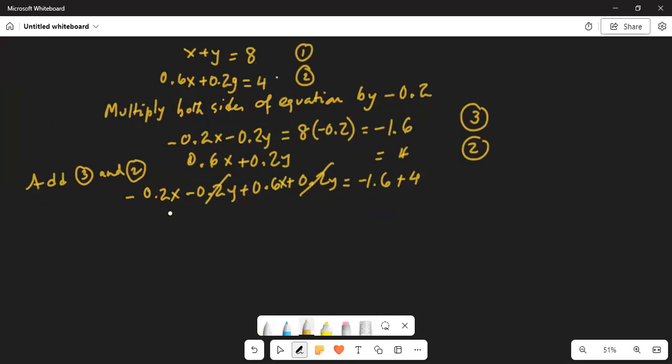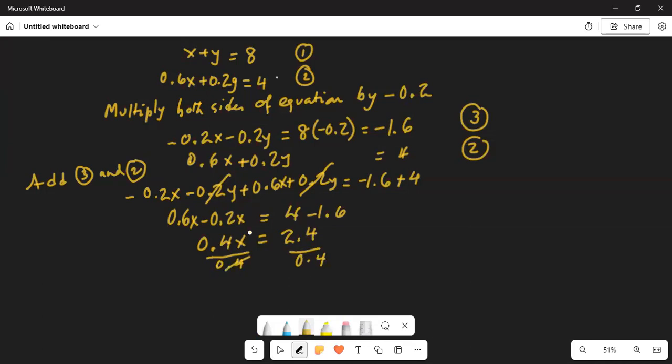So we have 0.6X minus 0.2X, which is 0.4X, is equal to 4 minus 1.6, which is 2.4. Now this is 0.4 times X, so we have to separate the constant 0.4 from X. Since it's multiplied, we do the opposite, which is divide by 0.4 on both sides.